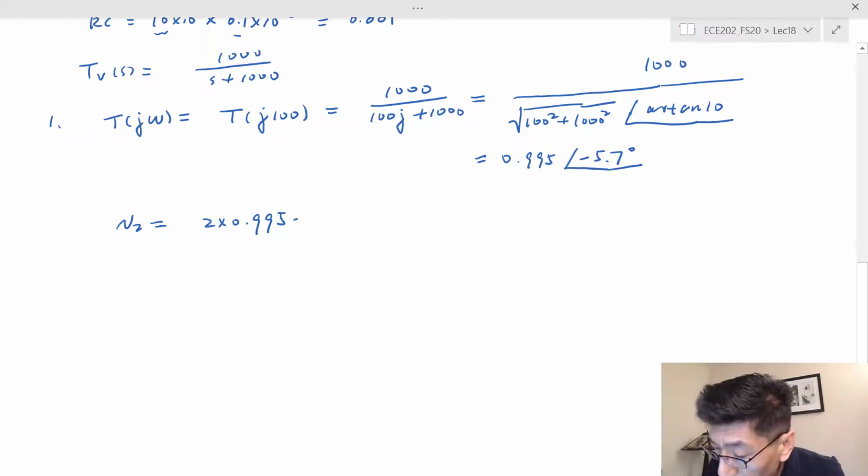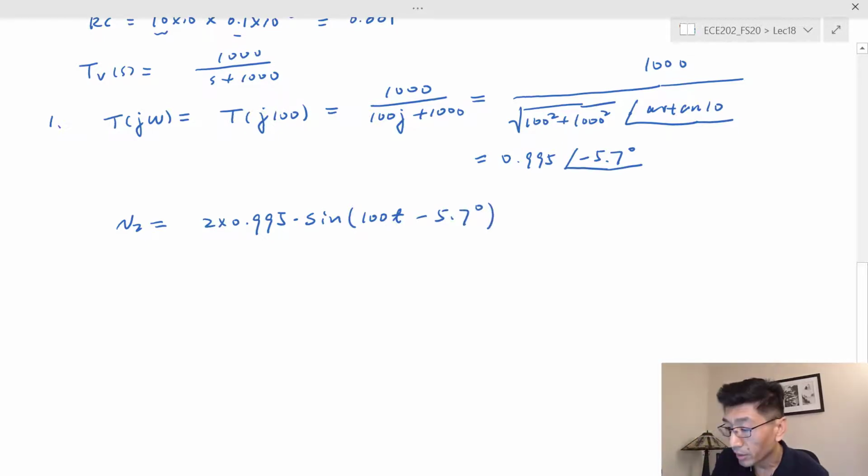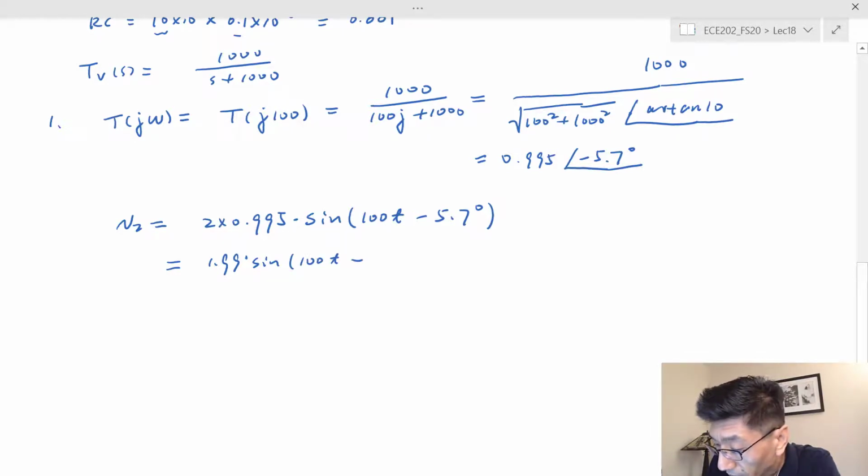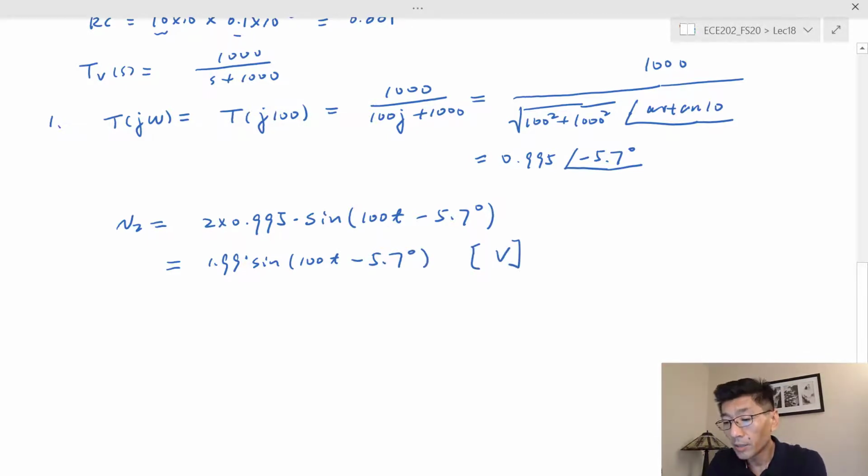We don't need to change sine or cosine in this case, so we just add the phase angle: the original is 0, plus negative 5.7 degrees. So we get 1.99 times sine of 100t minus 5.7 degrees, in volts. This is for the first one.